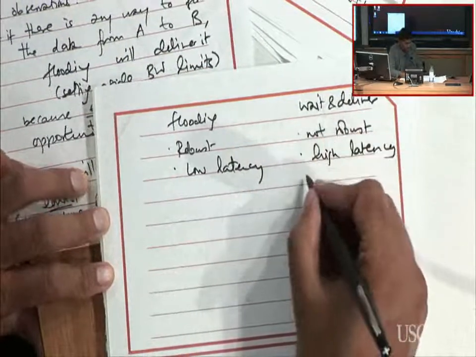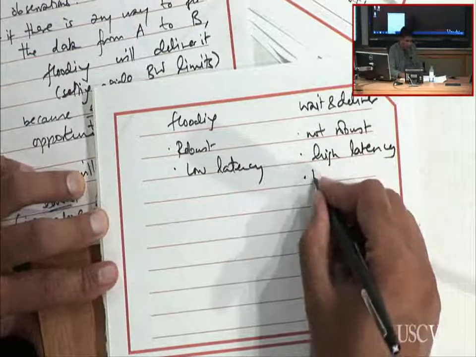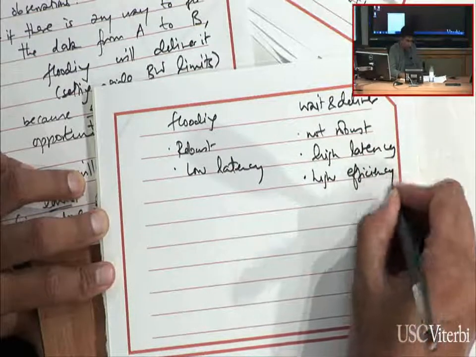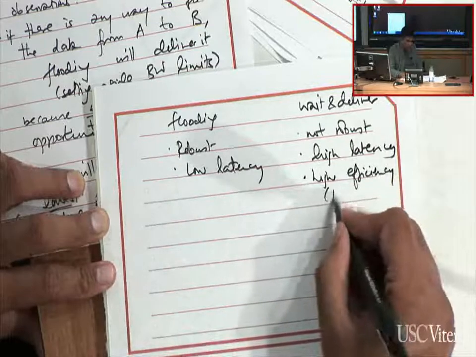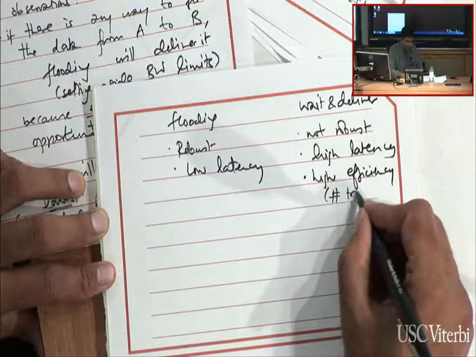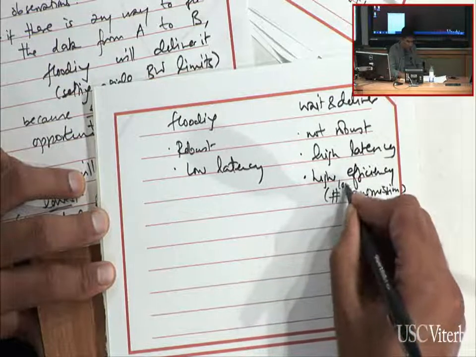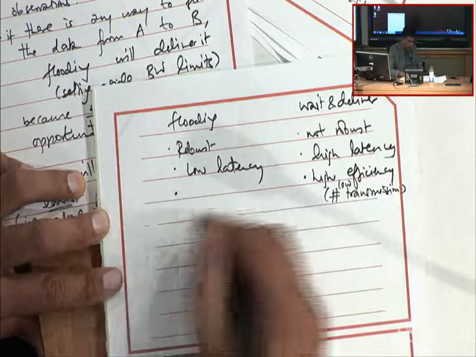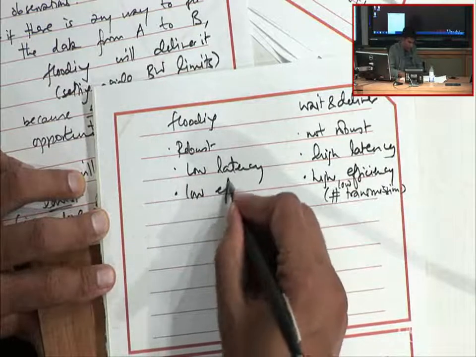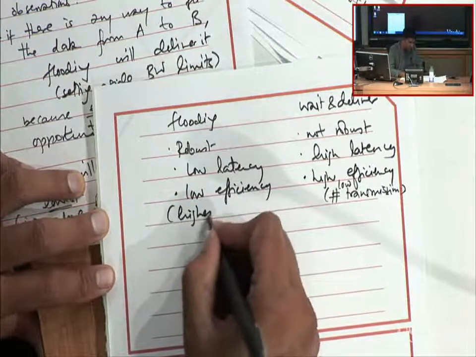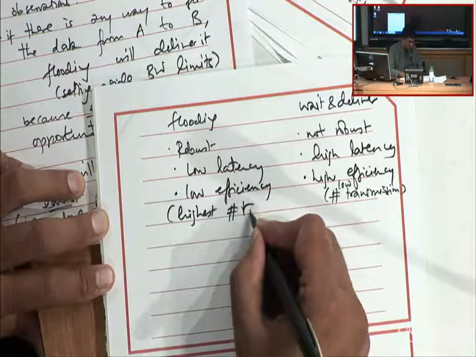On the other hand, wait and deliver had the benefit of very high efficiency, right? Or, in terms of number of transmissions being as low as possible. And here it's the opposite. It has sort of low efficiency in terms of number of transmissions. In fact, it incurs the highest number of transmissions possible.